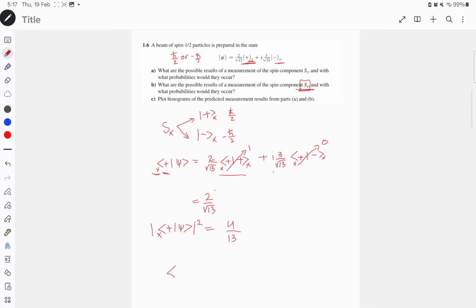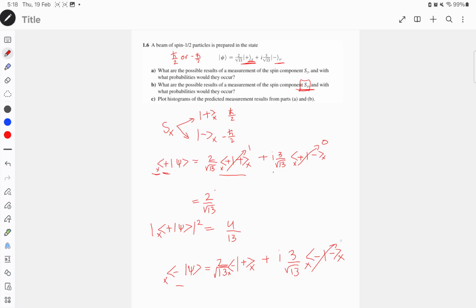And then for the minus one, and the x component, so no need for conversion, 2 over root 13, plus, here multiply by the minus, this one, plus i3 over root 13, minus x, multiply by minus x.